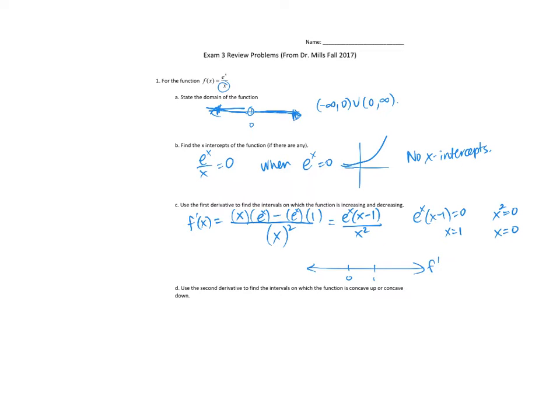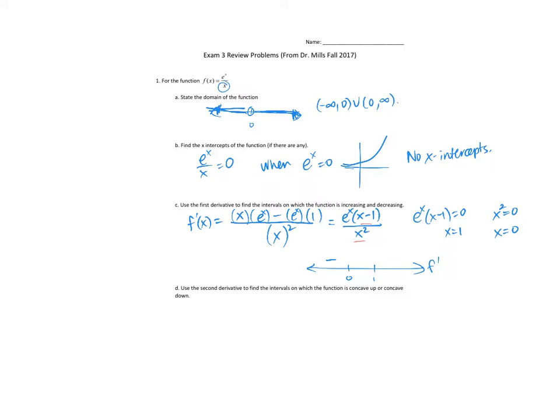If I plug in something less than 0, e to whatever is always going to be positive. x minus 1 will be negative, and the denominator is squared, so it's a negative over a positive, which is negative.